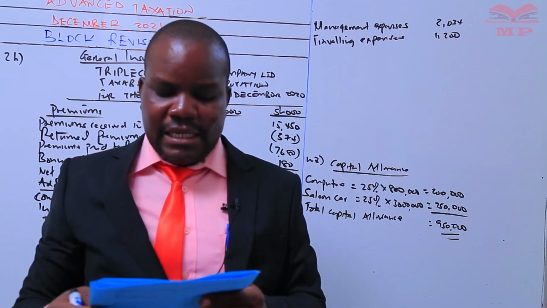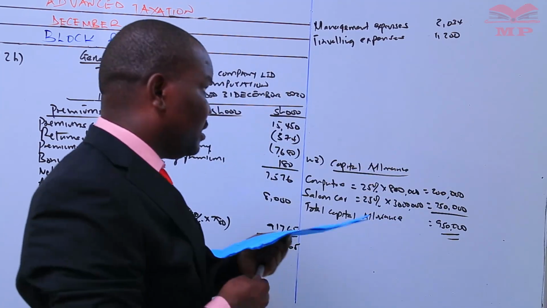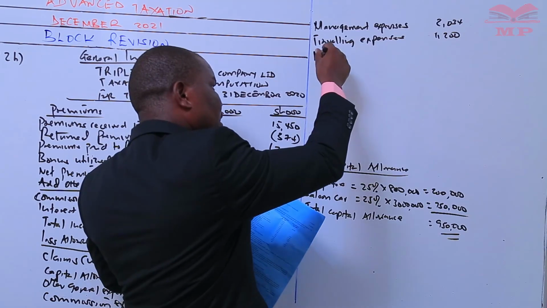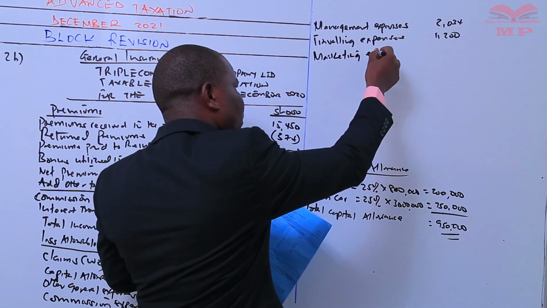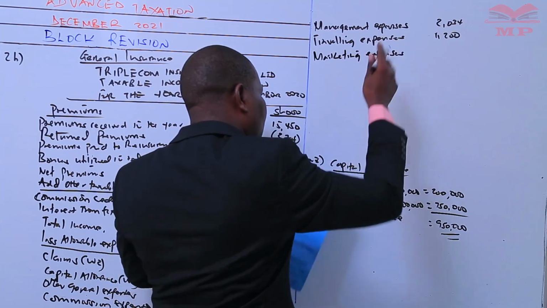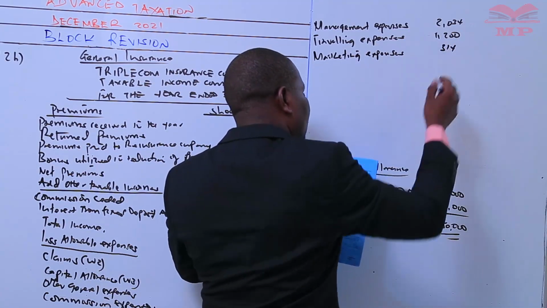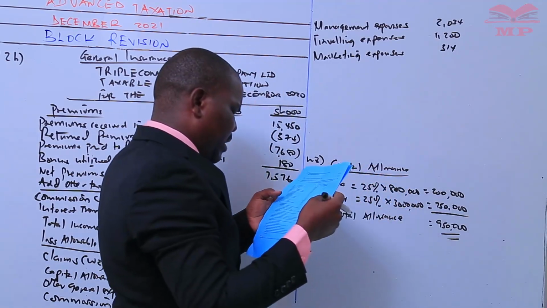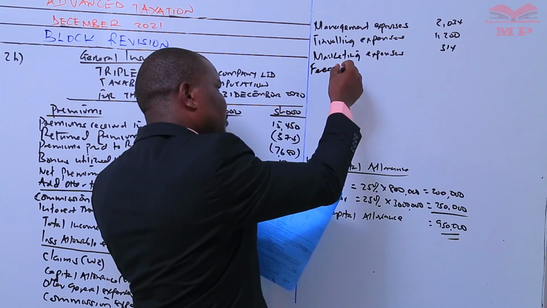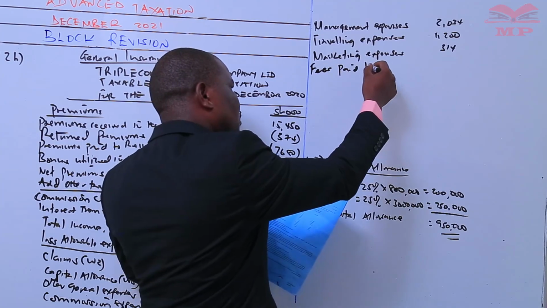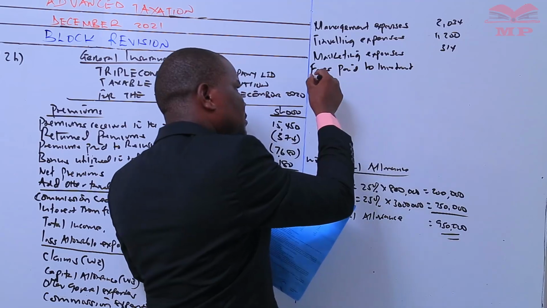Next, we have marketing expenses. Marketing expenses are allowable in business, so we bring that here. Marketing expenses. The amount is 314,000. Fees paid to investment managers, allowable. Fees paid to investment managers.